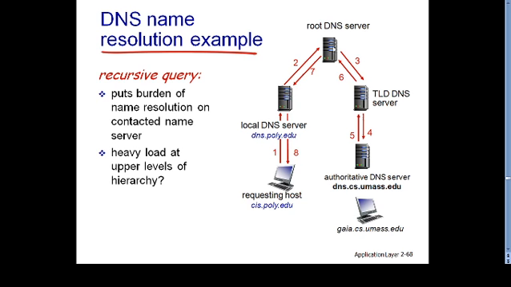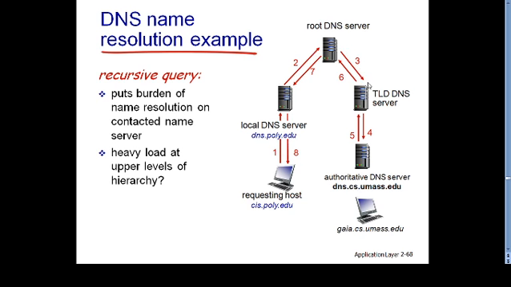Then instead of replying with the IP address of the TLD server back to the local DNS server, this root DNS server calls the top level domain server on its own. You can see the first step, second step, and third step.